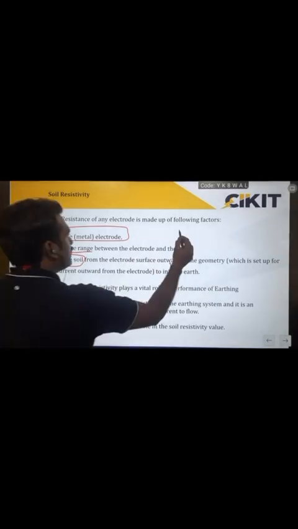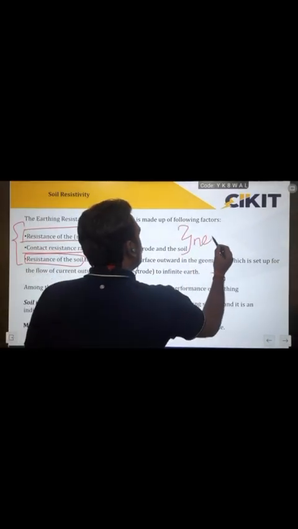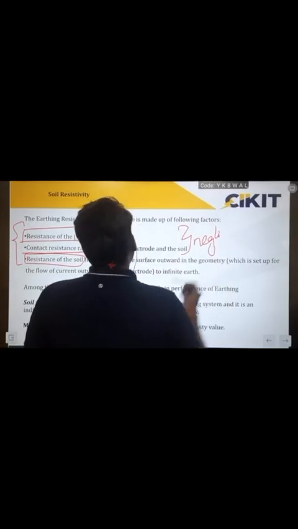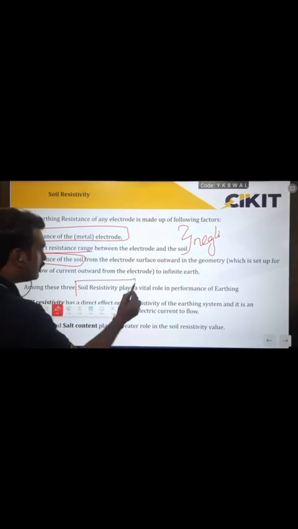If you compare these three parameters, the first two are negligible. So we won't consider the first two, and the earth electrode resistance mainly depends upon the soil resistivity alone. The soil resistivity plays a critical role in the performance of the earthing, and it is not the material.